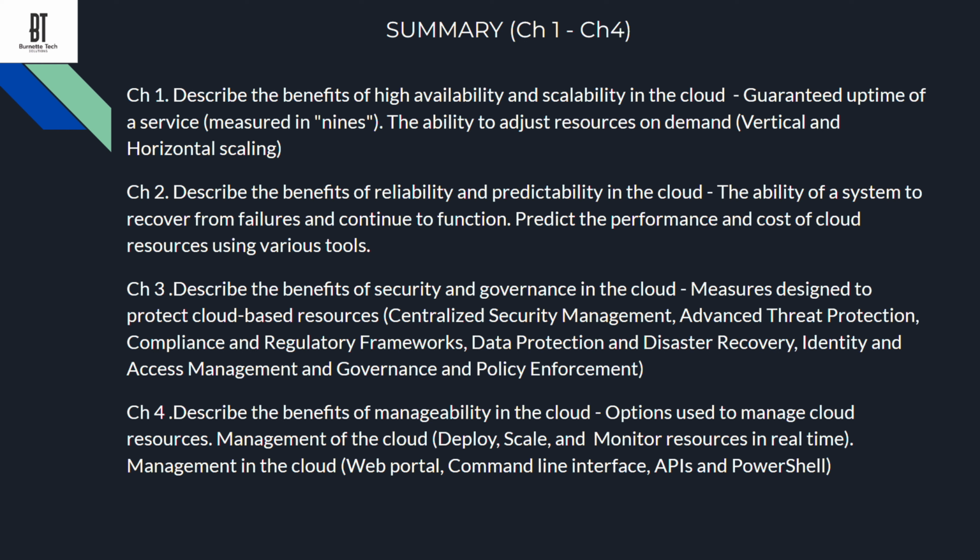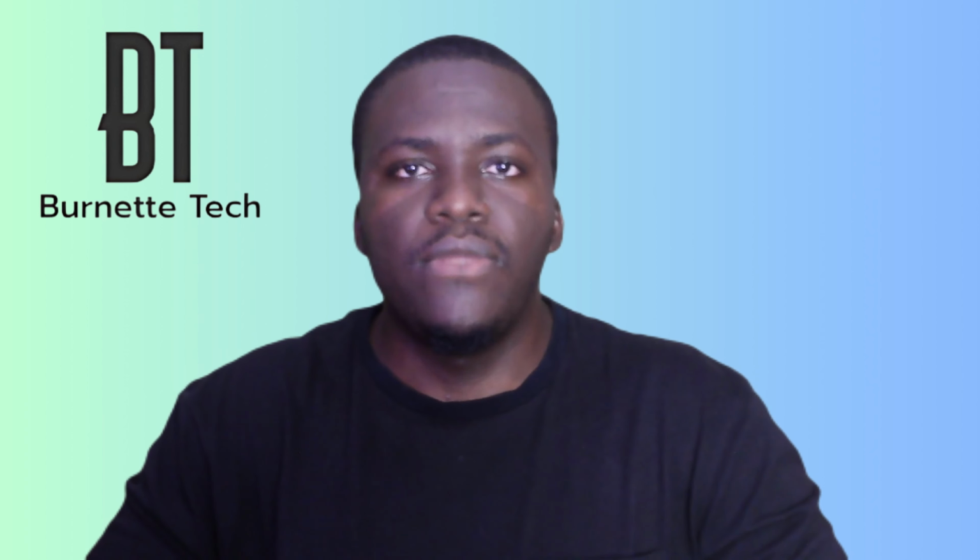Finally, to describe the benefits of manageability in the cloud, we said that there are options used to manage cloud resources. There's the management of the cloud, where you can deploy, scale, and monitor resources in real time. And there's management in the cloud, where you can utilize web portals, the command line, APIs, and PowerShell to manage your cloud resources. So that's it.